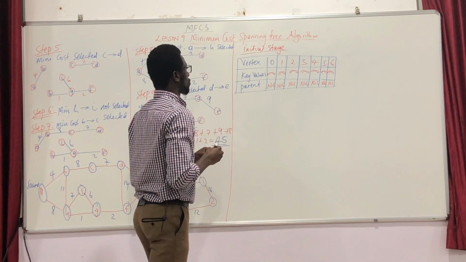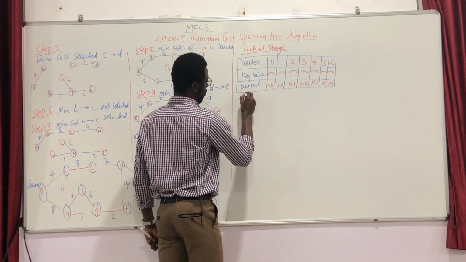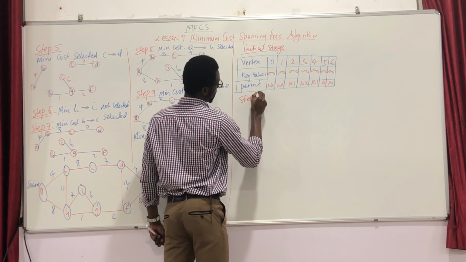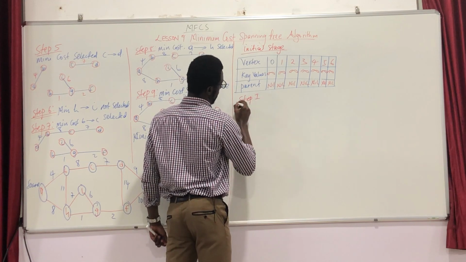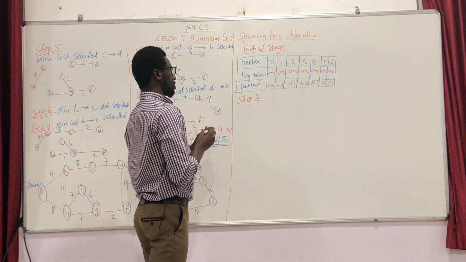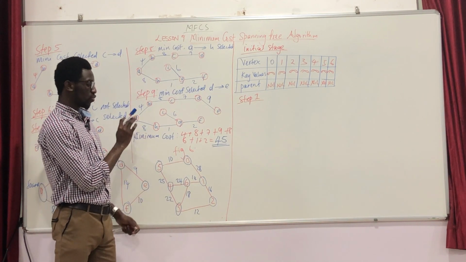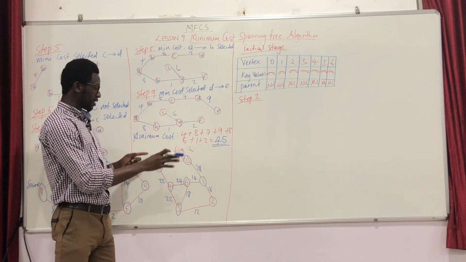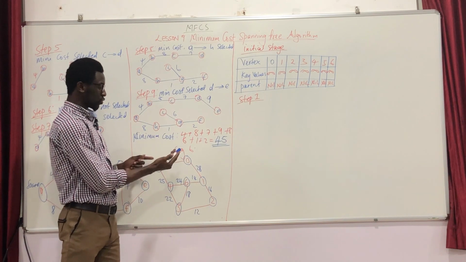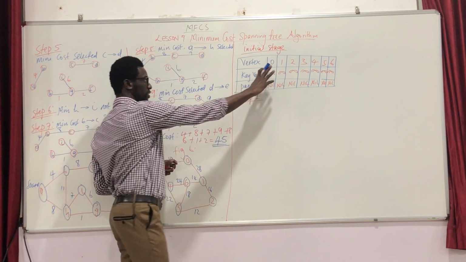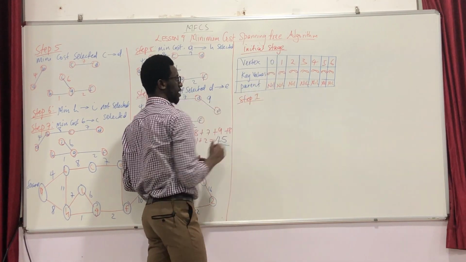Okay. So now we come to stage 1 or step 1. As I said, you can start with one node, then you compare the two, you choose which one is the minimum cost, then you select. You try to fill this table by steps, okay?